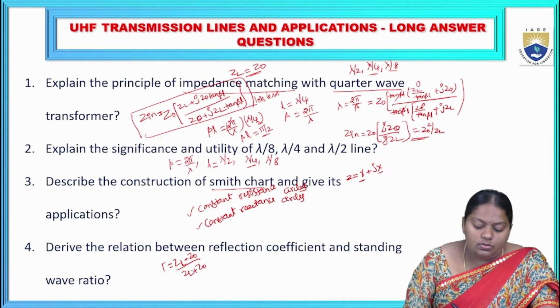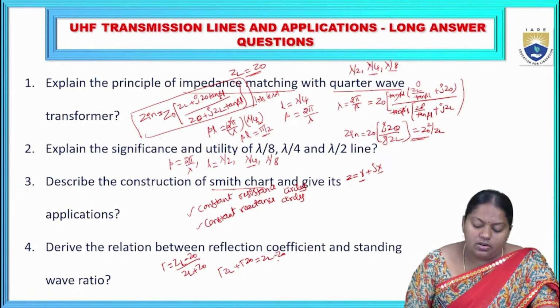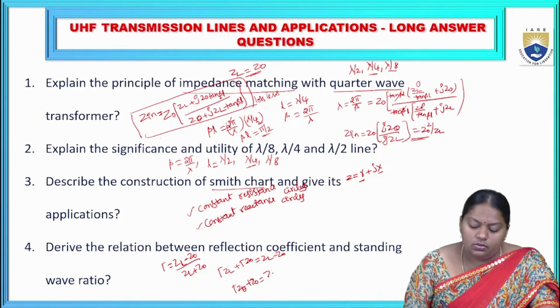Multiplying, gamma ZL plus gamma Z0 equals ZL minus Z0. Separating the ZL terms and Z0 terms, Z0 times (gamma plus 1) equals ZL times (1 minus gamma).